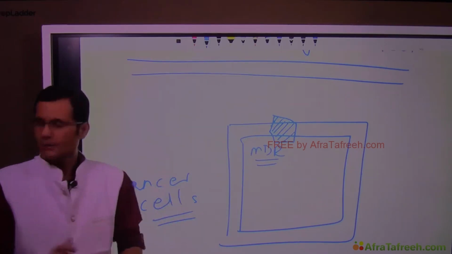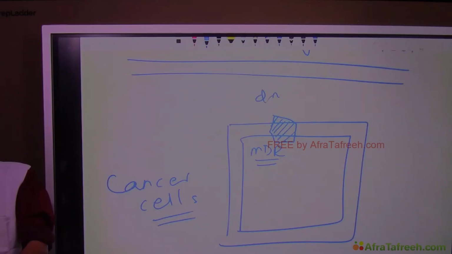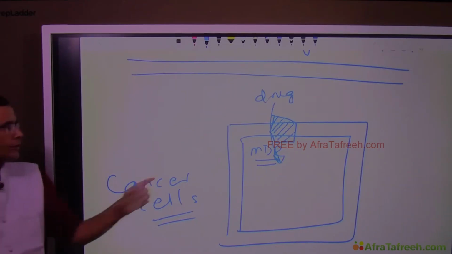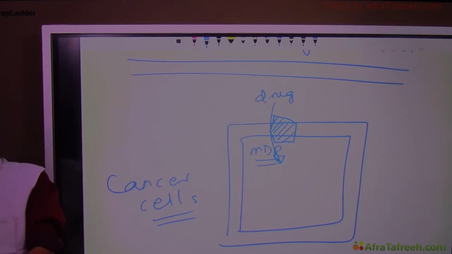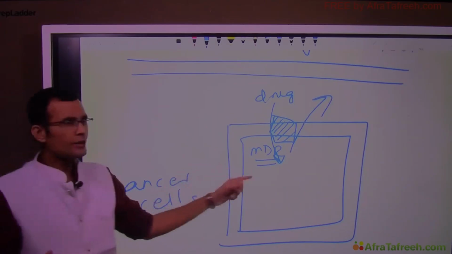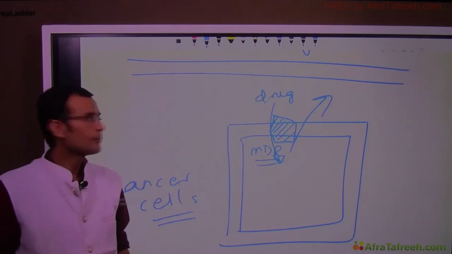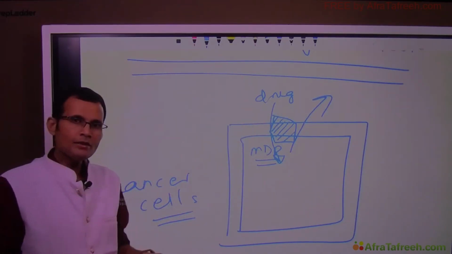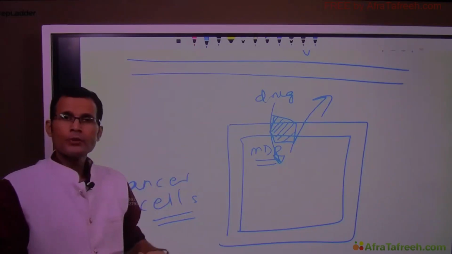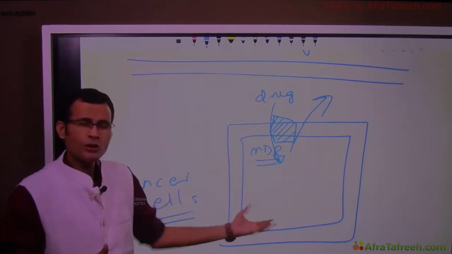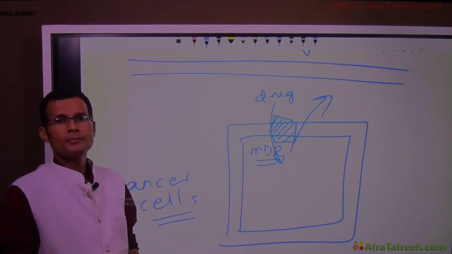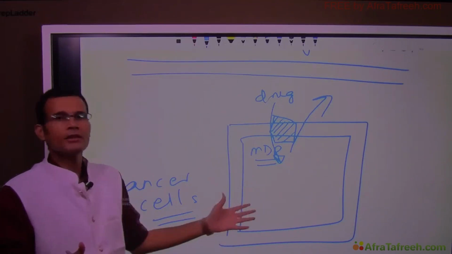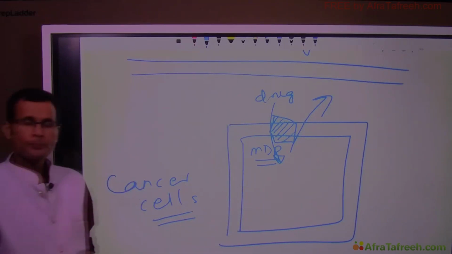And what happens is, suppose the drug was given, it entered the cell, and then MDR transporter causes the drug to be extruded out of the cell. So that means this anti-cancer drug will never reach a critical concentration inside the cell, and the cell will become resistant to the action of this drug.